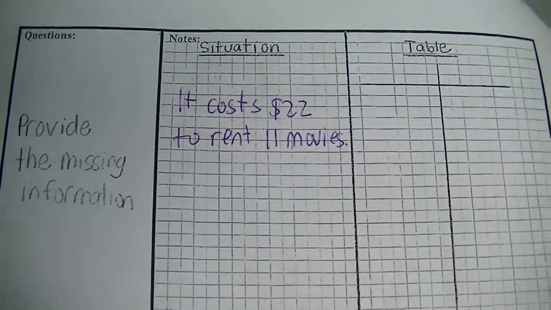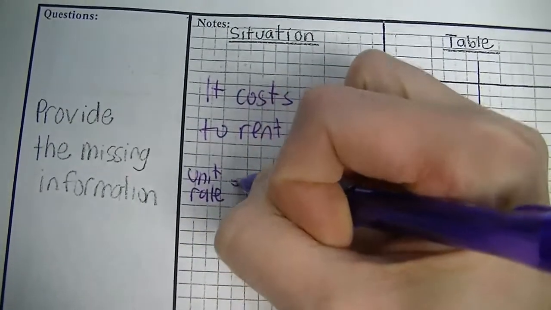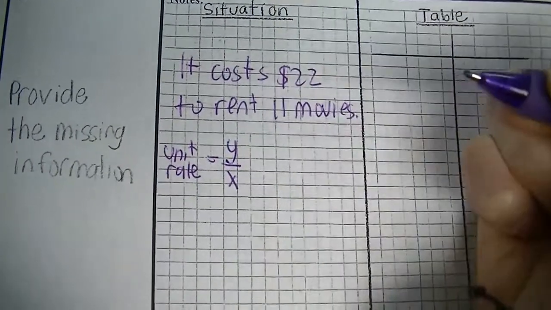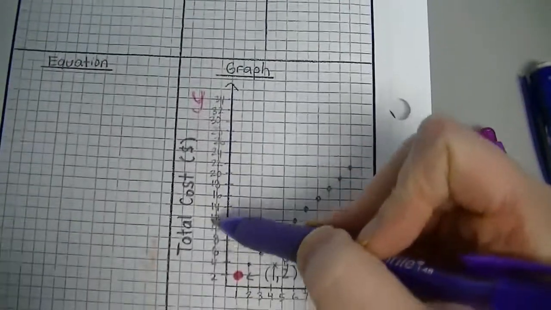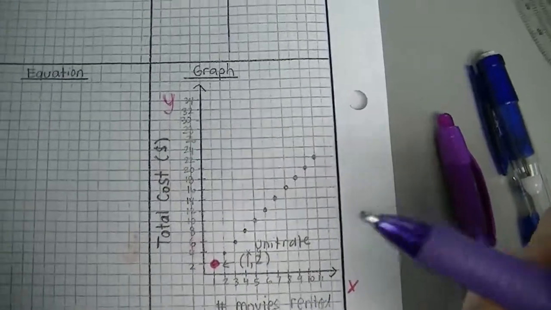All right, now let's go ahead and find the unit rate from this situation right here. To find unit rate, you should hopefully know by now that you go y divided by x, the dependent variable divided by the independent variable. And the dependent variable is the total cost, because the total cost depends on how many movies you decide to rent.